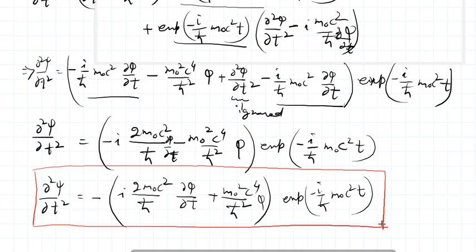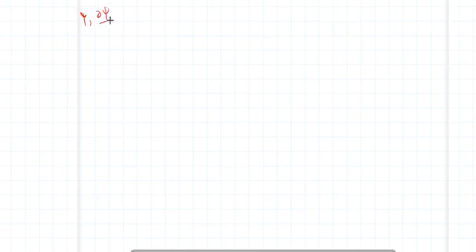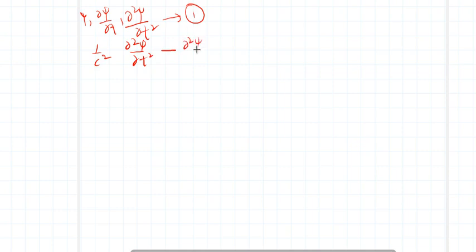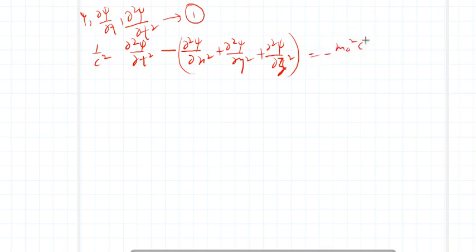Now what I will do, I will substitute the values of ∂ψ/∂t and ∂²ψ/∂t² in equation number 1, which we have calculated. ∂²ψ/∂z² is this one, and it is equal to ħψ. This is equation number 1.